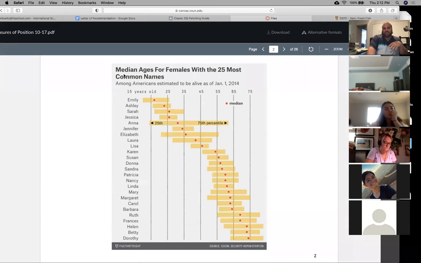It says it's listing the median ages for females with the 25 most common names among Americans estimated to be alive as of January 1st, 2014. Emily, Ashley, Sarah, Jessica, Anna, and so on. I do notice I do not see a Lori here. Very surprising.